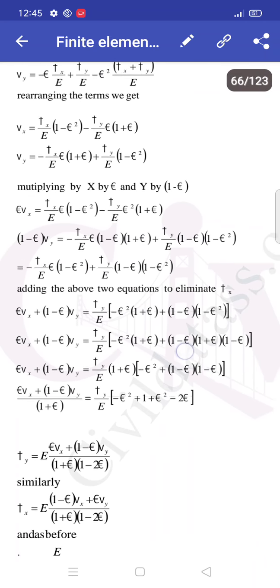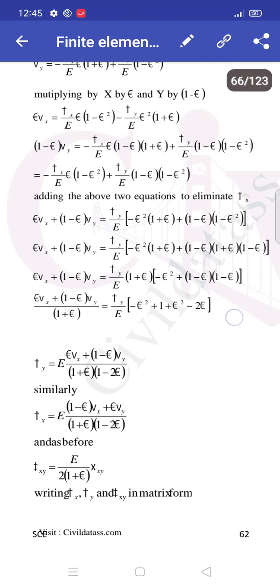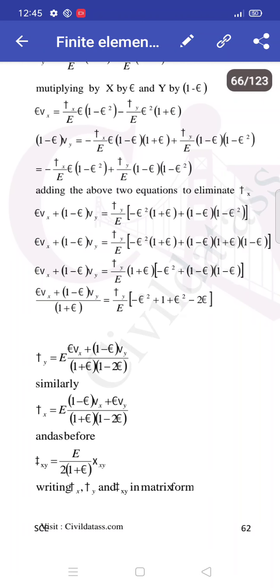Then we can write it as (1 minus ν) σx by E ν(1 minus ν square) plus σy by E (1 minus ν) whole square ν square, from which we can get the final solution in terms of ν.